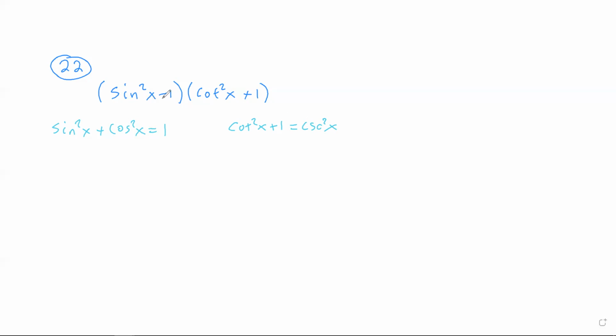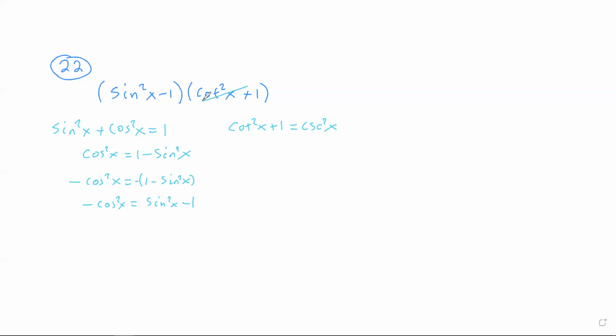But here we've got sine squared of x minus 1. Okay, so if we say cosecant squared of x is equal to 1 minus sine squared of x. But here it's sine squared of x minus 1, which is actually minus cosine squared of x, which is equal to sine squared of x minus 1.